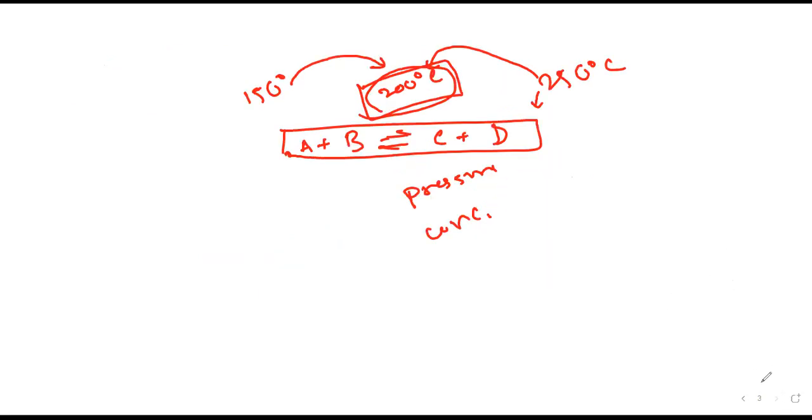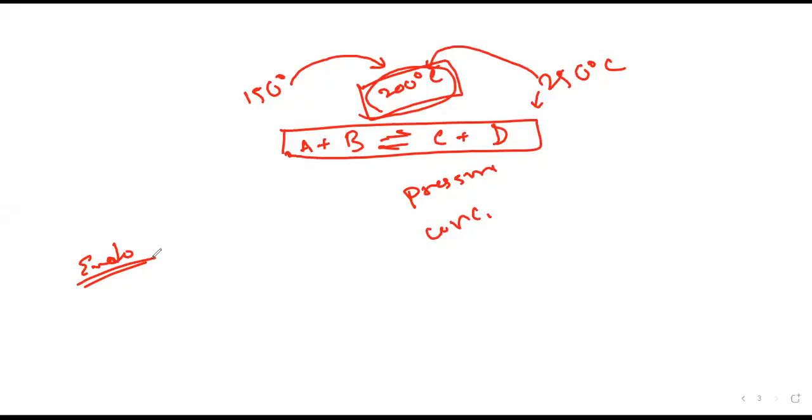If I try to explain it in much simpler terms, for endo, the system absorbs heat energy from the surrounding, while in exo, the system releases heat energy to the surrounding.